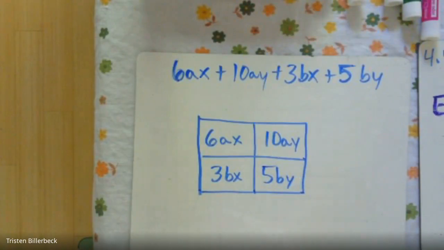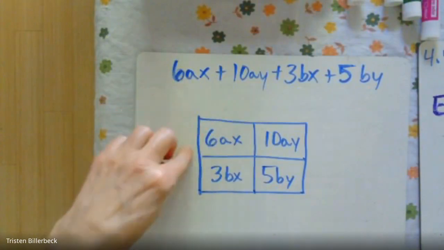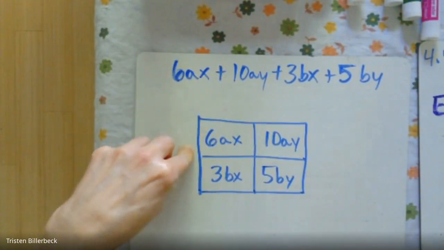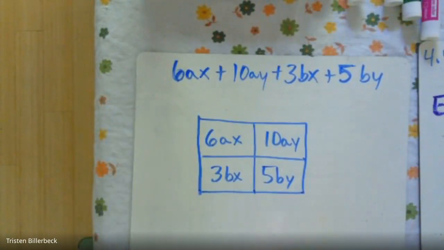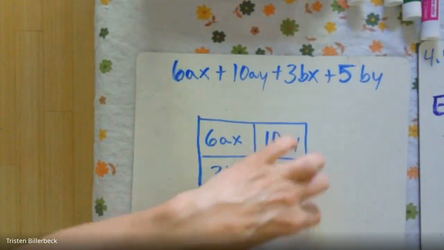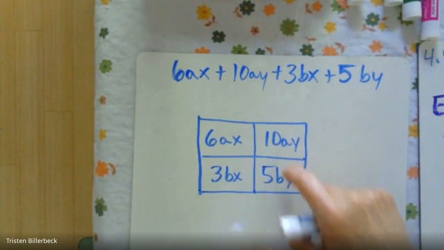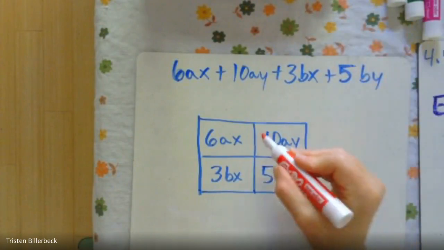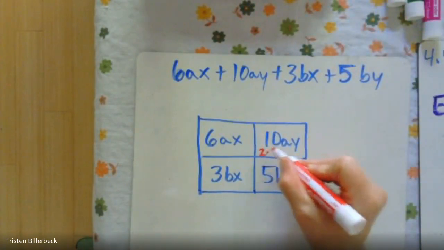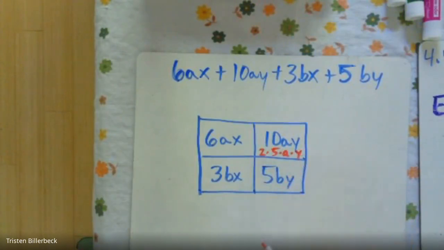All right, so we know that the area of each one of these boxes is the length times the width. So we're going to try to figure out what's the length of this? It happens to be what's in common with this. We know that this is really written as 2 times 5 times a times y.